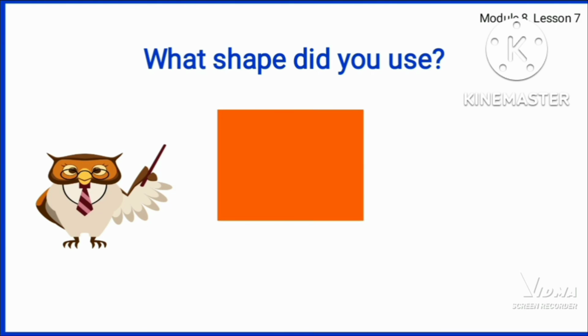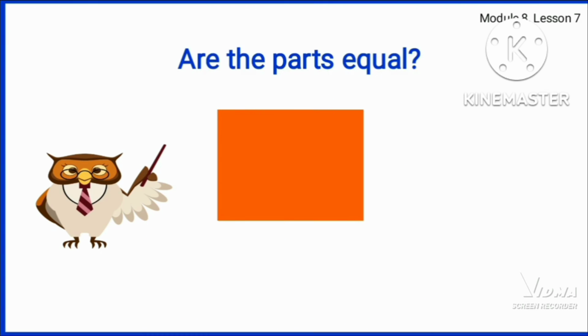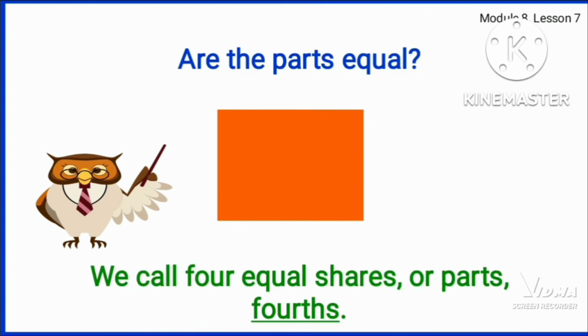This is a large square. I use squares to make a large square. Are the parts equal? Yes. We call 4 equal parts fourths. This is 1/4. That is 1 over 4, fourths.